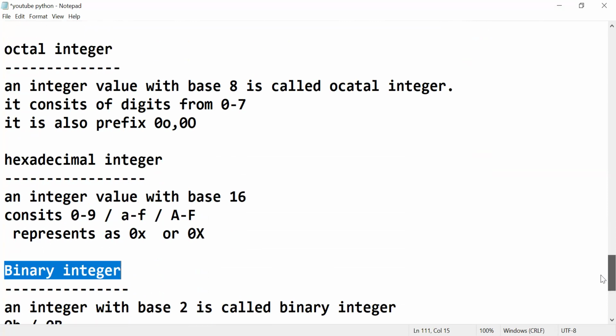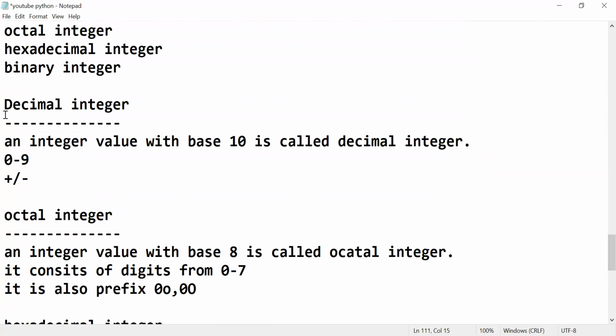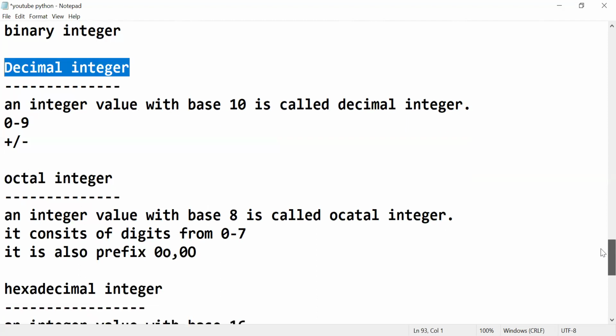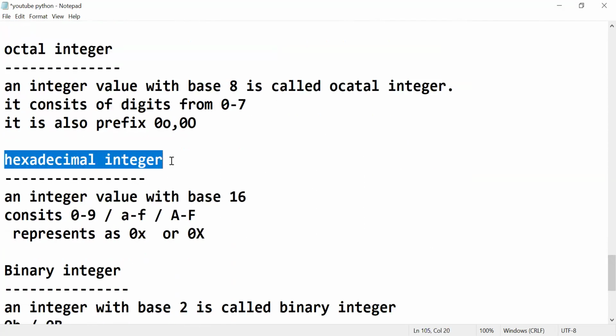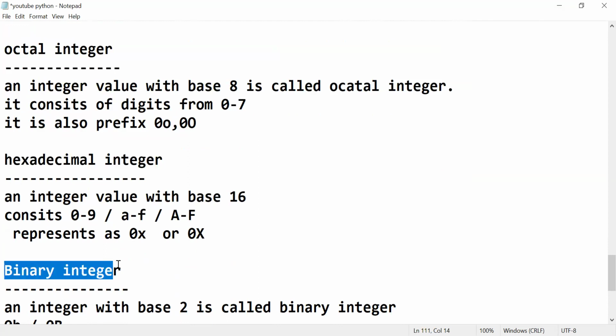And we also know how to convert from decimal integer into octal integer and octal integer into decimal integer. And again, you also know how to convert hexadecimal into decimal integer, decimal to hexa, decimal to binary and binary to decimal, guys.